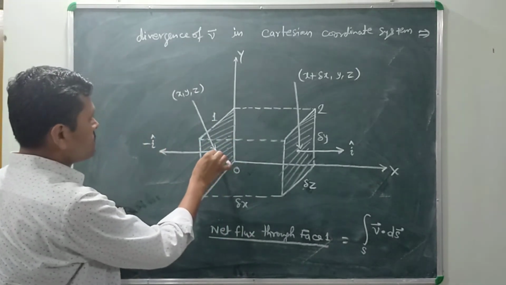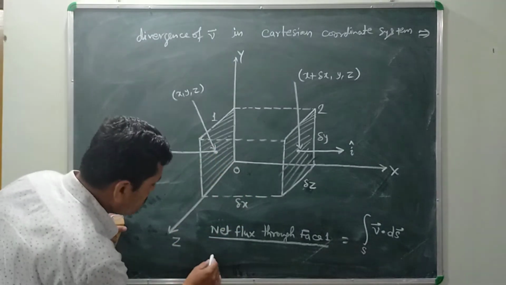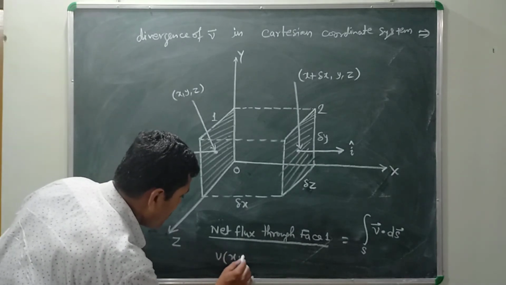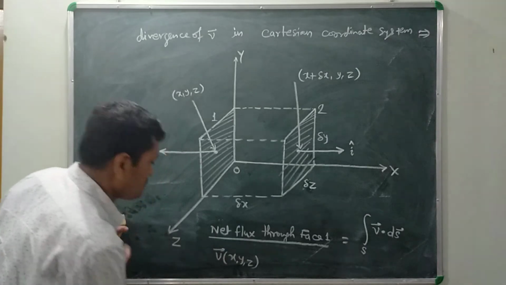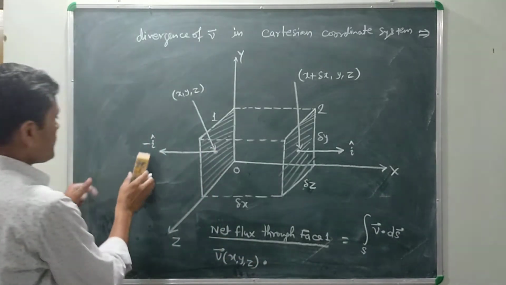What will be the value of this vector v at this point? This will be v(x, y, z) dot, what is ds here?